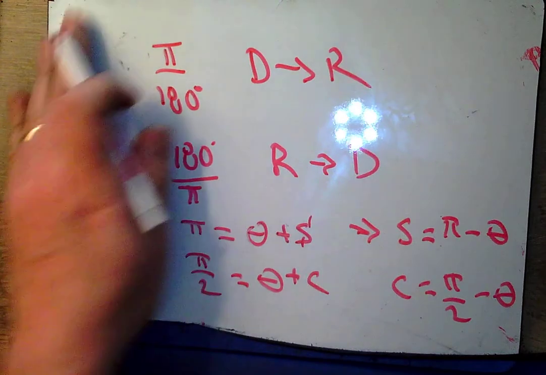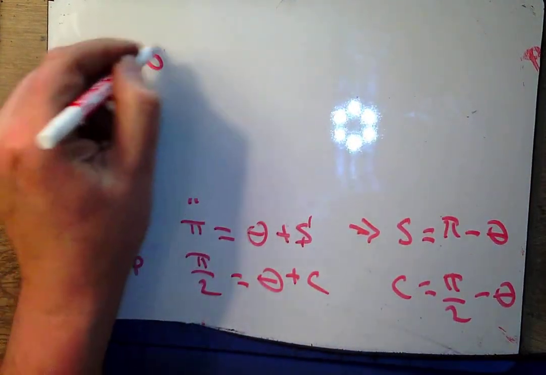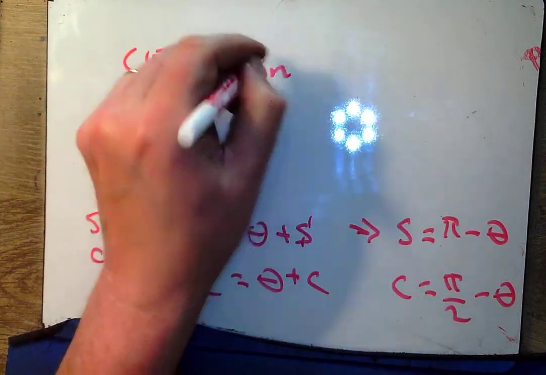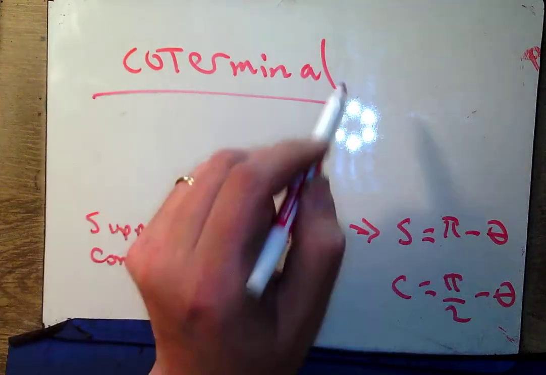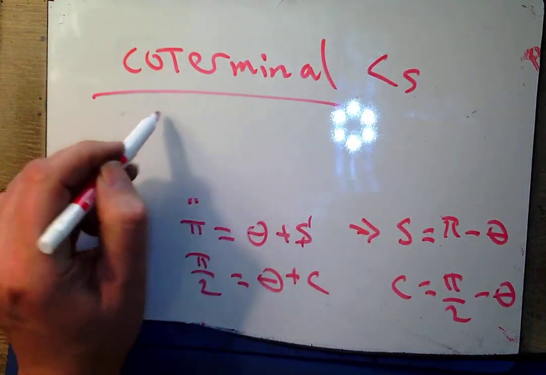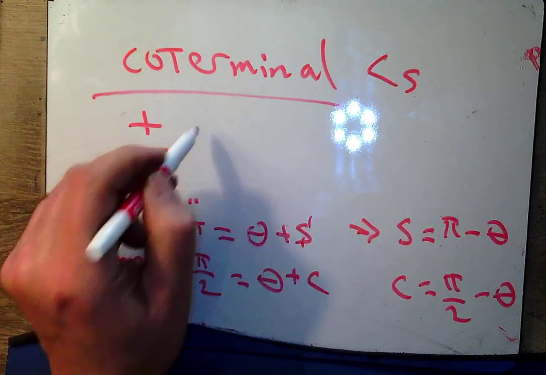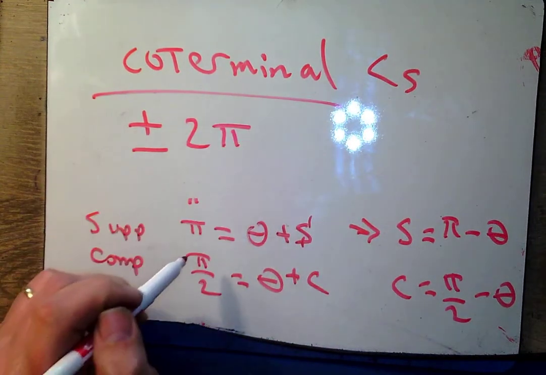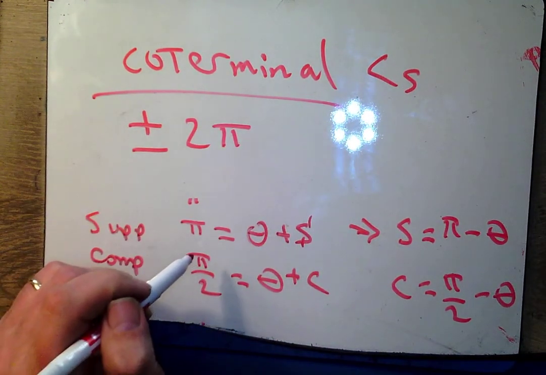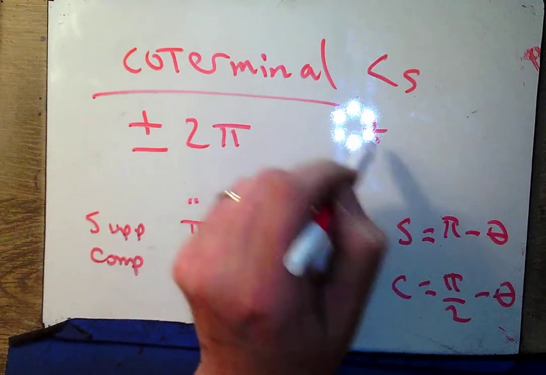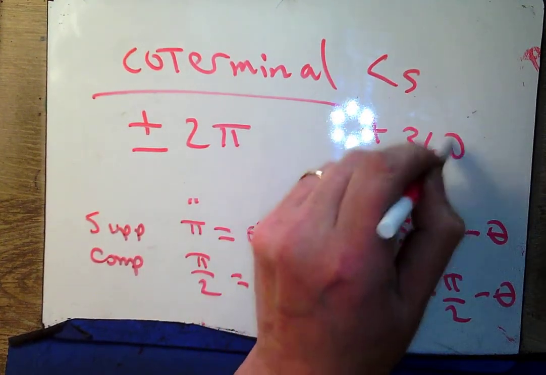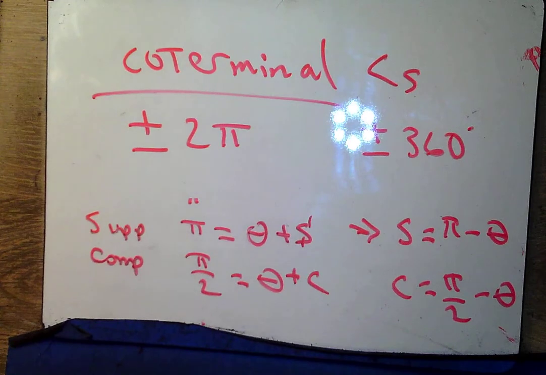You know to find coterminal angles. You know what they are. They start and end at the same place. But we're just going to add or subtract 2 pi to make those coterminal angles. And if someone wants us to do it with degrees, we're going to add or subtract 360.